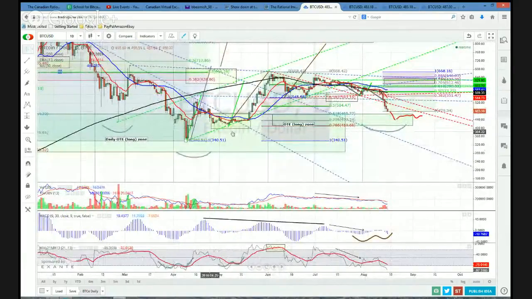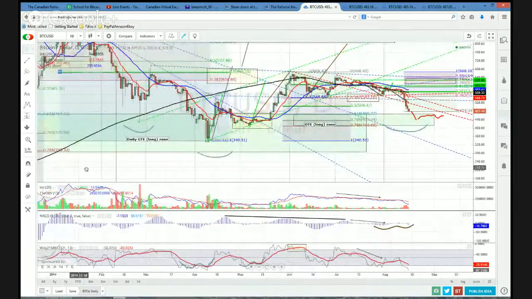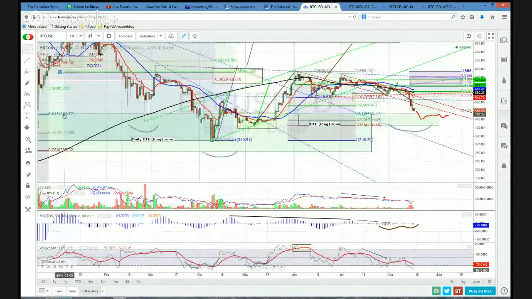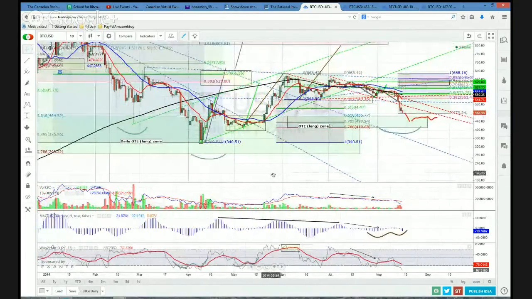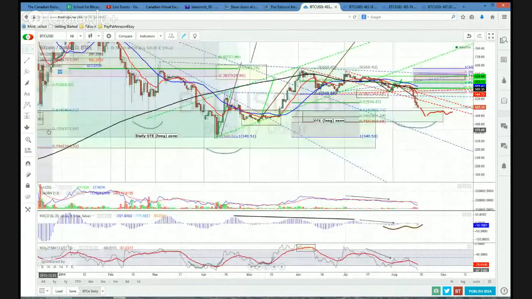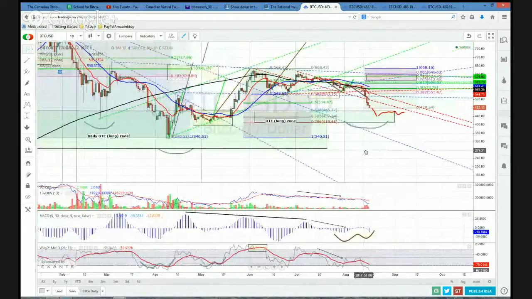And that's this big weekly OTE. It goes from 293 all the way up to 464, 465. So its sweet spot is 375.96, right? So it's very realistic that we have to go back down there.